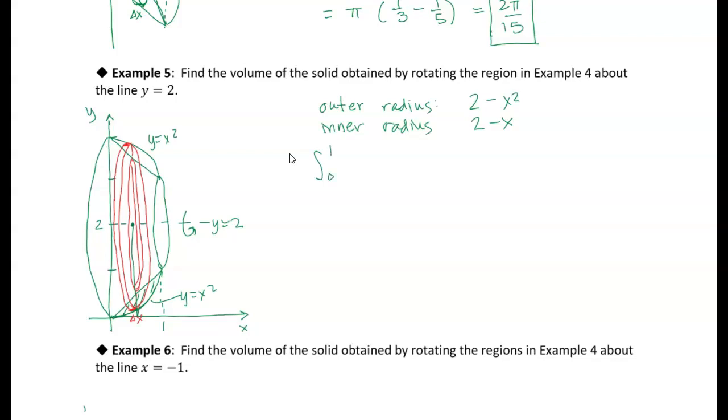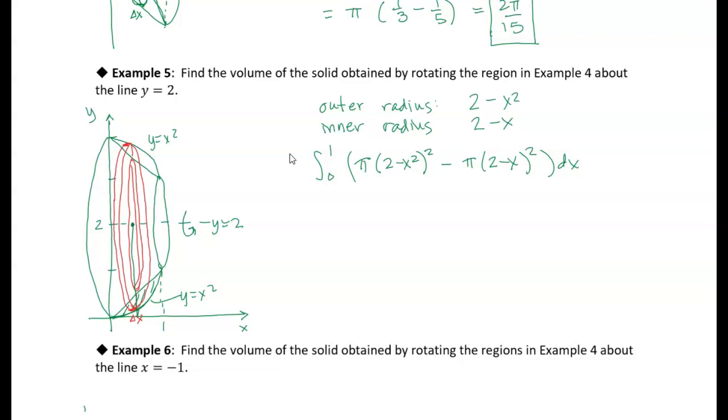We take the outside circle, so pi times the outer radius squared, which is 2 minus x squared, all squared. And then we subtract the inside area, pi times 2 minus x squared, dx. If we add those up from 0 to 1, that'll give us the volume that we're looking for.